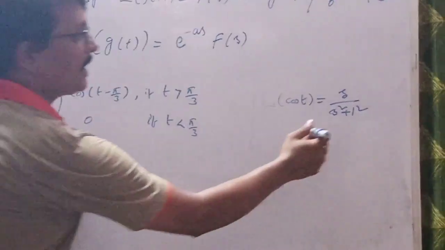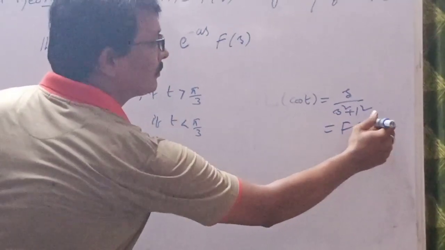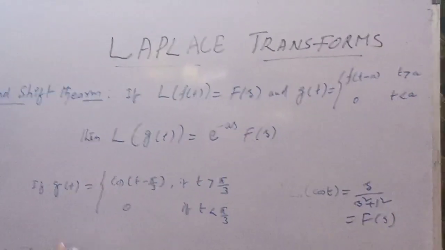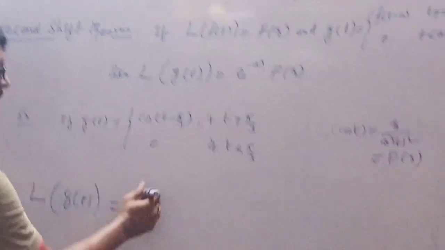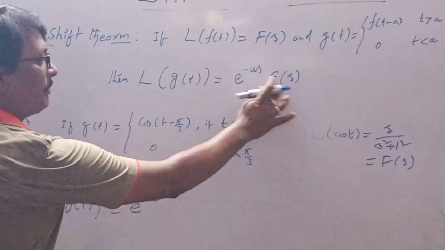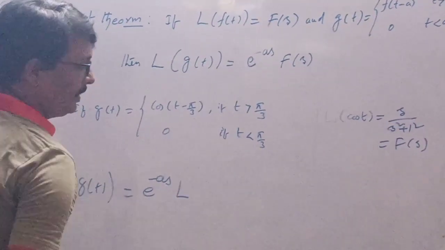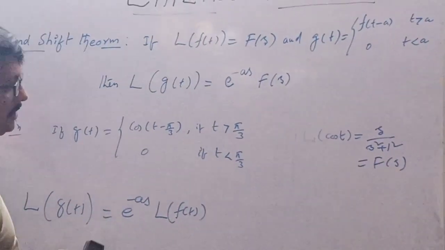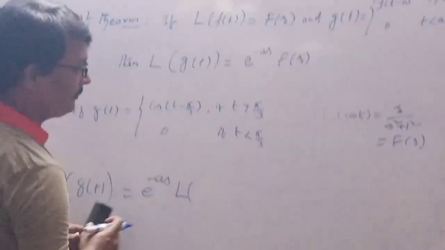Okay, this is capital F of s. Then the Laplace transformation of g of t is e to the power of minus as into capital F of s. Capital F of s means the Laplace transformation of f of t, where f of t is cos t.